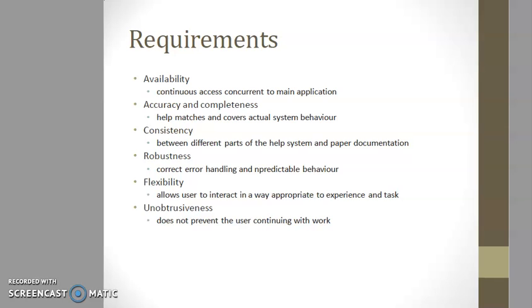This is a problem at both ends of the spectrum. At one end, a textual help system on a non-windowed interface may interrupt the user's work. A possible solution to this, if no alternative is available, is to use split screen presentation.